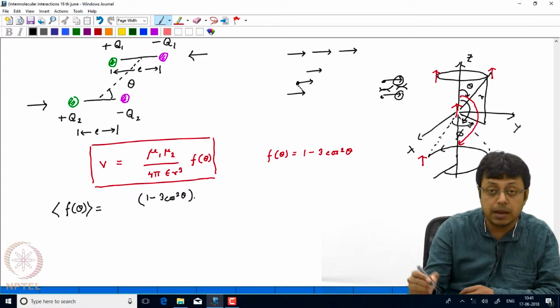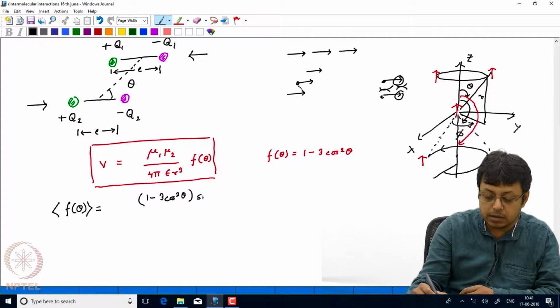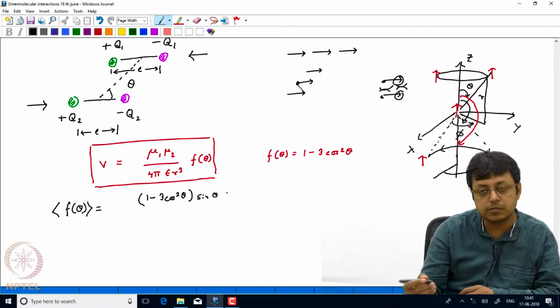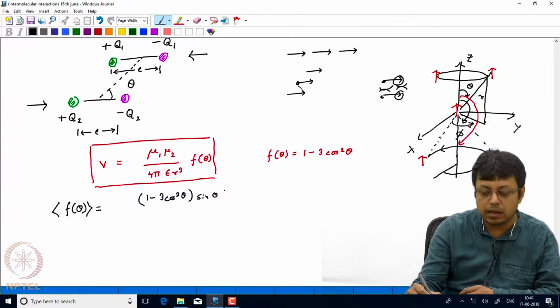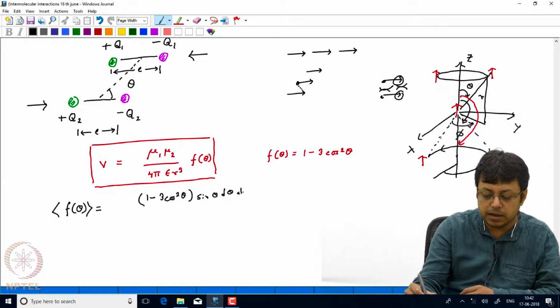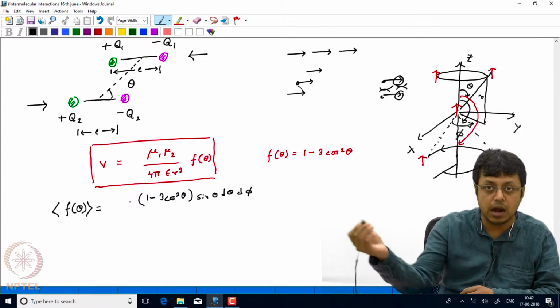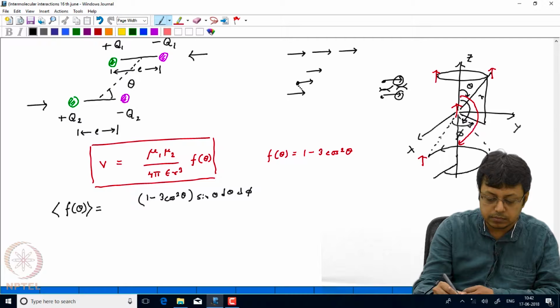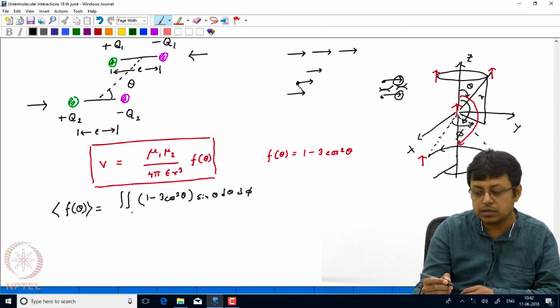and then you have to multiply it by the spherical polar coordinate. If I just vary theta to theta plus d theta and phi to phi plus d phi, the area swept over a sphere is basically sin theta d theta d phi, because we are keeping the r constant. So, since we are keeping the r constant, we can actually ignore that.